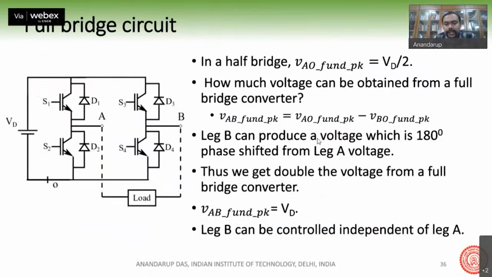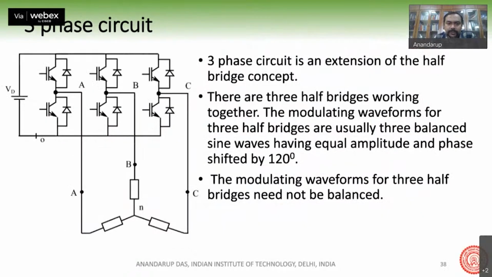So this is the full bridge, and these are some of the waveforms. Again, the half bridge can be extended to three-phase circuits, because three-phase is nothing but a combination of three half bridges.